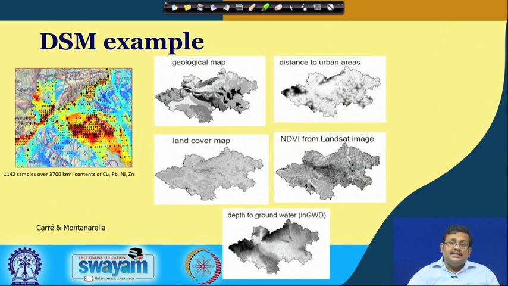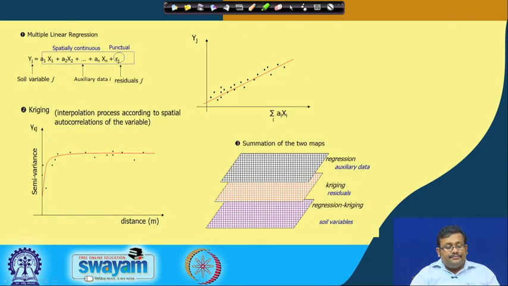So, these scientists used this legacy soil data of 1142 samples with these 5 covariates, and they used a specialized technique called regression kriging.